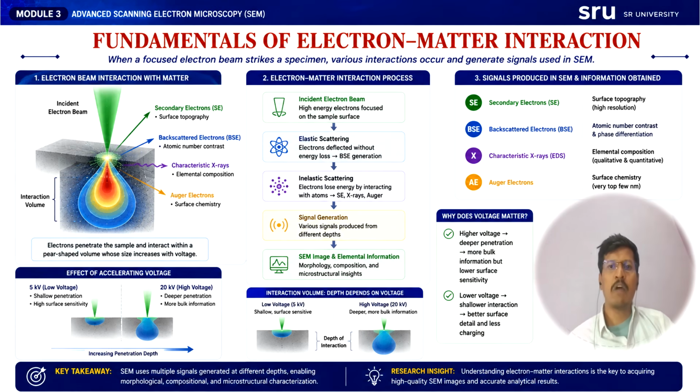The quality of information we obtain depends on how electrons interact with the specimen and which signals are collected by the detectors. These fundamental principles form the scientific foundation of all SEM imaging and analytical techniques.